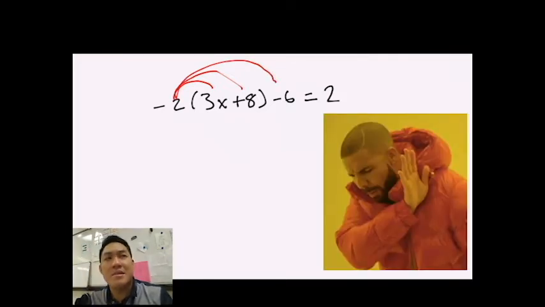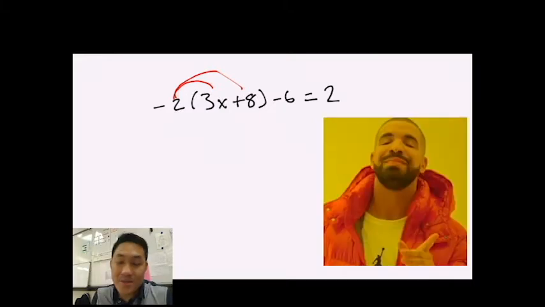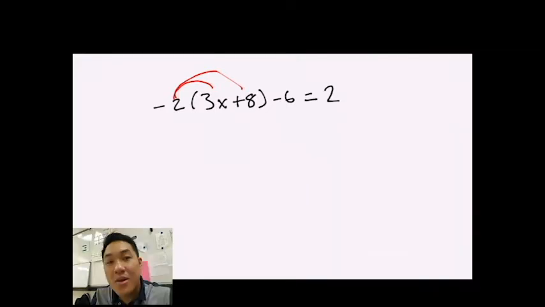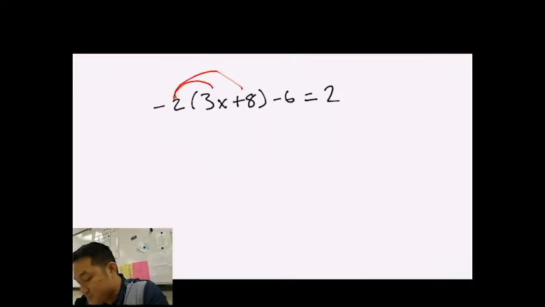What'd you say, Drake? Alright, so not negative 6. We're not going to pass it to the negative 6 because it's not in the parentheses, right? You don't want to pass to outside my class. I'm not going to give an assignment to somebody outside. So only multiply to the things inside the parentheses, okay?